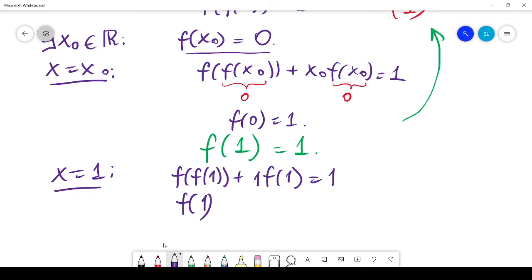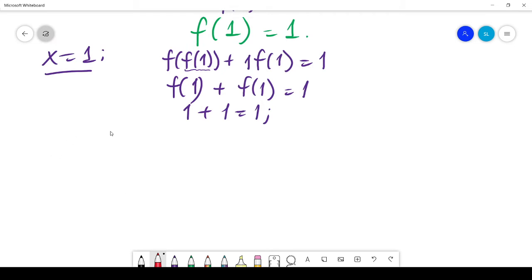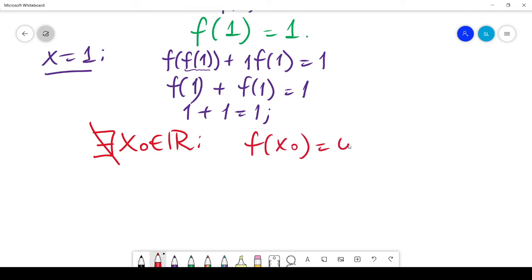Because this f of 1 is just 1, 1 plus 1 equals 1, and we have a contradiction there, so that is impossible. So that means that there is no x0 such that f of x0 is equal to 0, so our function has no zeros. Let's call this statement number 2.